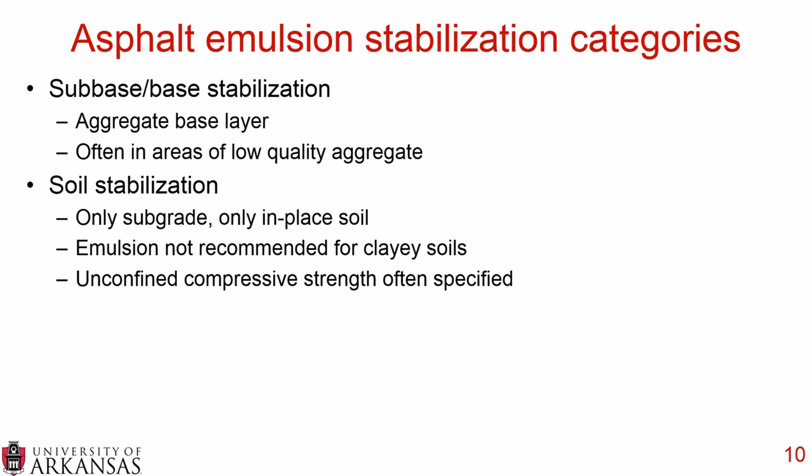And in general, emulsion is not recommended for clayey soils, which is often one of the most stabilized soil materials. But it has been used and it can be used successfully with other material, and we'll talk about that a little more. And when we're looking at soil stabilization, often unconfined compressive strength is specified. So that's an additional test you may see required when we're talking about soil stabilization.